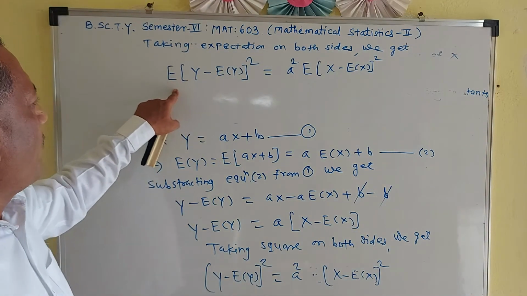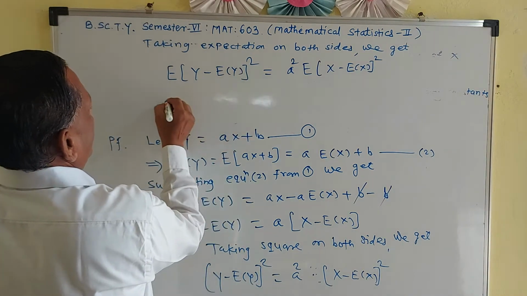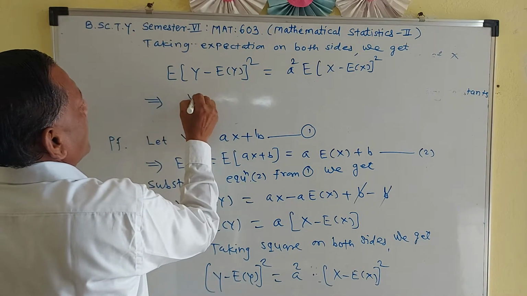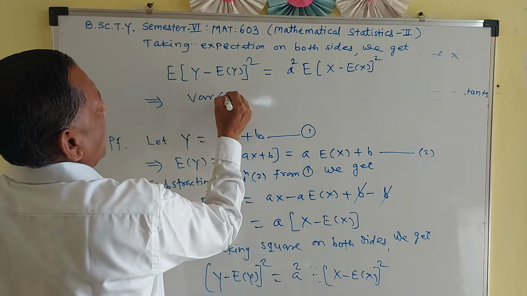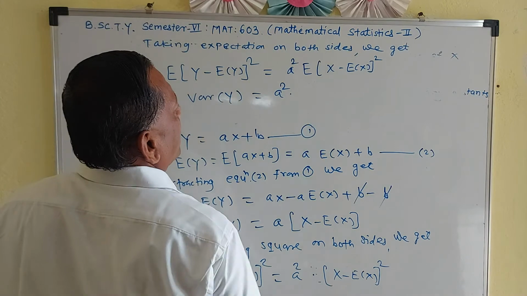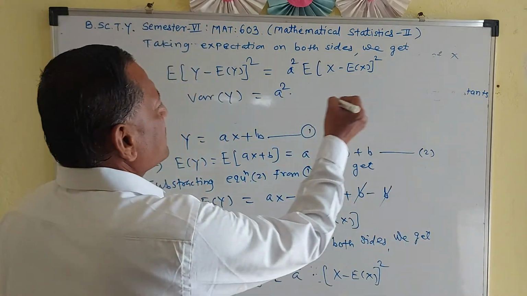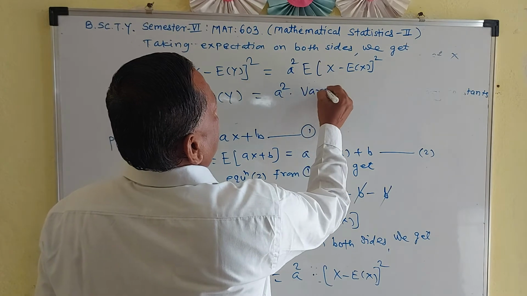So by definition of variance, here E of (y minus E of y) square, this is the variance of y, is equal to a square into expectation of (x minus E of x) square, this is the variance of x.